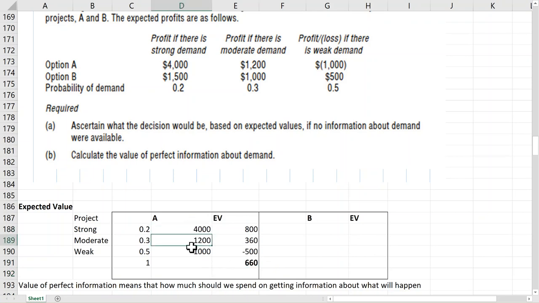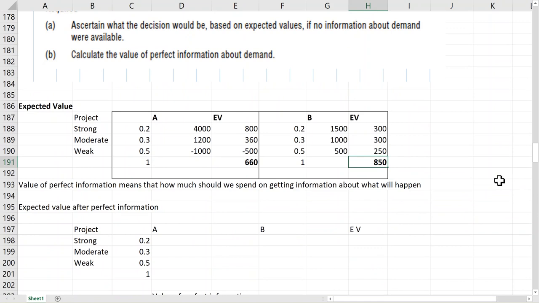If we look at B, remember the total of all probabilities should be 1, or if it is given as a percentage, it should be 100. So here we have 1,500, 1,000, and 500. Without the perfect information, B has the highest expected value, so we will choose option B.